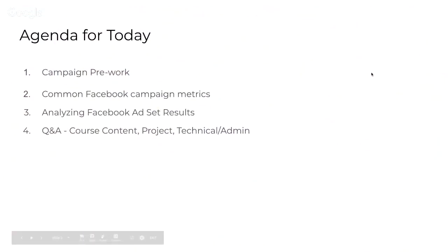So the agenda for today is talking about some of the campaign pre-work. So you'll have seen from your projects, you've been asked to set a couple objectives and KPIs. We'll talk about how that helps you when you're finally analyzing your total campaign results. We'll talk about some common Facebook campaign metrics and how those tie into your KPIs.